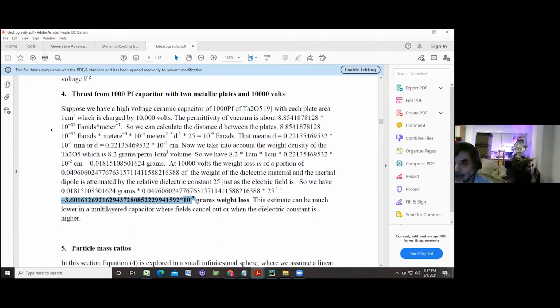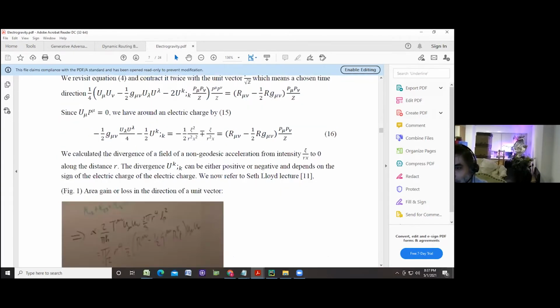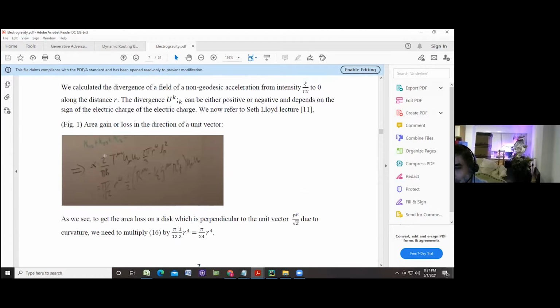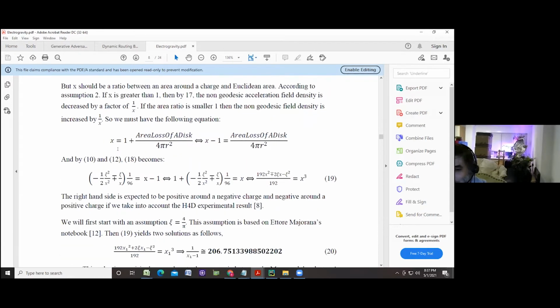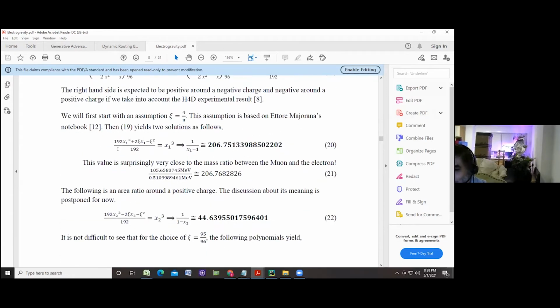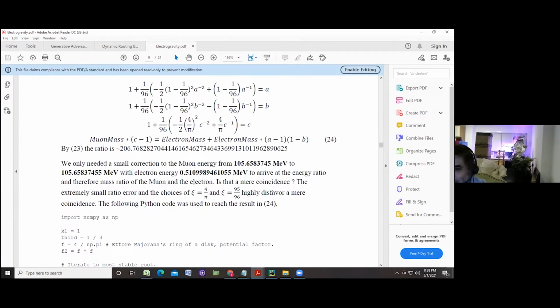So if there is a way, I wanted to show you what happens eventually. This theory is something from Seth Lloyd from MIT, and it reaches something very interesting: probably the exact mass ratio between the muon and the electron. This is outrageous because the standard model has nothing to say about it.